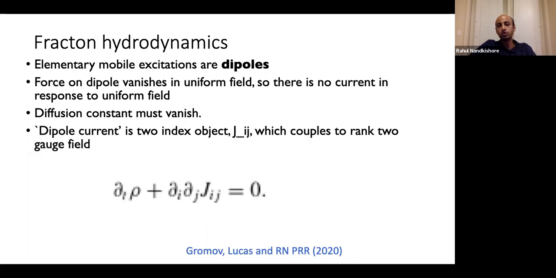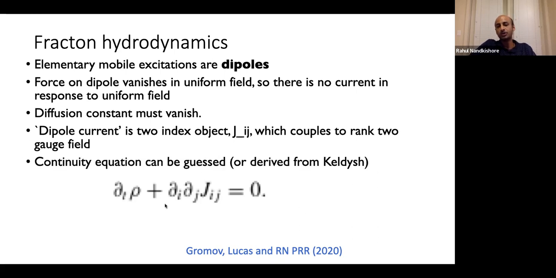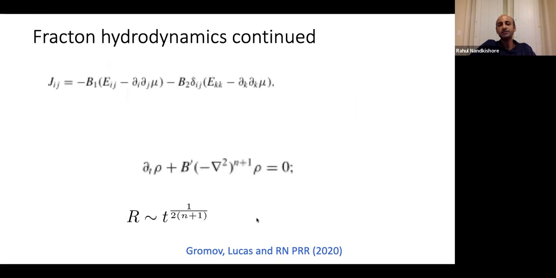And you can get a little more quantitative. Now, the dipole current is this 2-index object, J_ij. So the generalized continuity equation should look something like this. In principle, you can derive this from Schwinger-Keldysh if you didn't want to just guess it. So now the question becomes, how is J_ij related to the charge density?